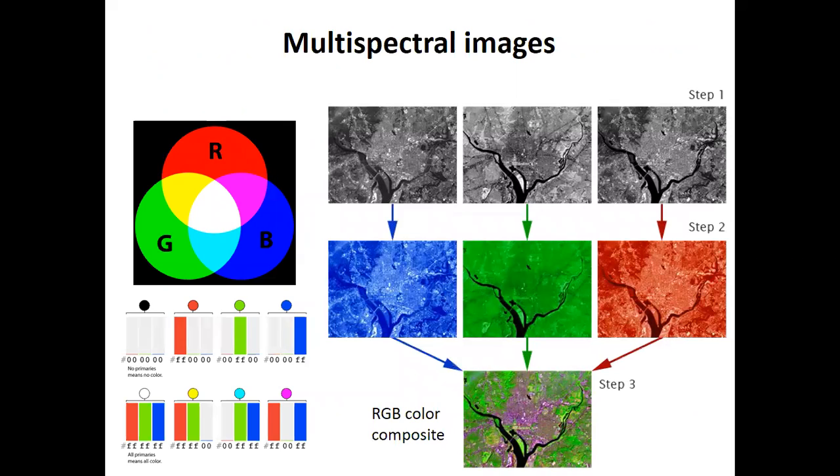We could take not three visible spectral bands, but, for example, near infrared, shortwave infrared, and thermal infrared, and combine them in a different combination. You could color them differently and produce a color composite using different parts of the spectrum. And of course, these colors will not be natural. They are so-called false colors, but in that way you will visualize the infrared bands, which otherwise would be invisible.